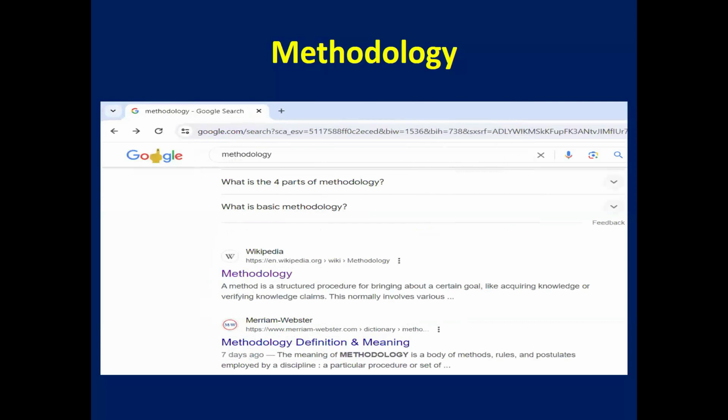It's not unstructured, it's a structured procedure for bringing about a certain goal. So what is a goal? Goal is our outcome, our aim of the study, our objective of the research study. So through this research methodology, we will achieve our objectives, our goal, our aim.